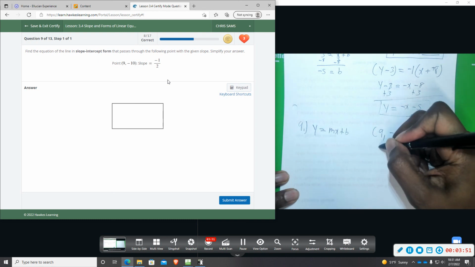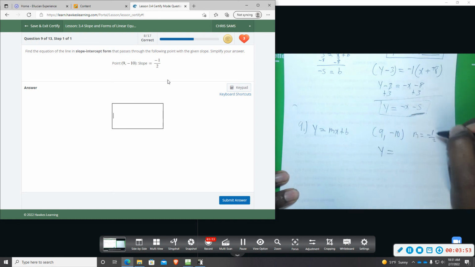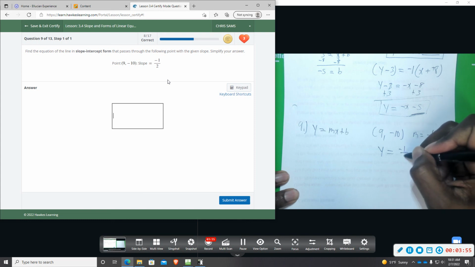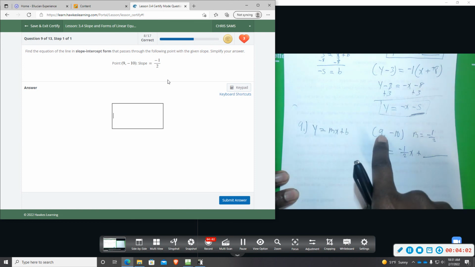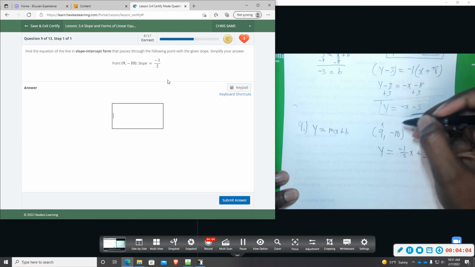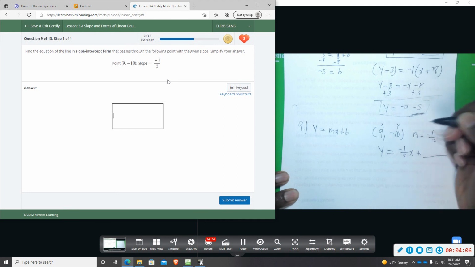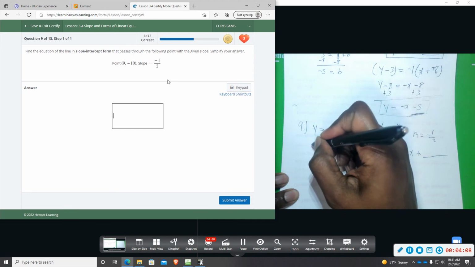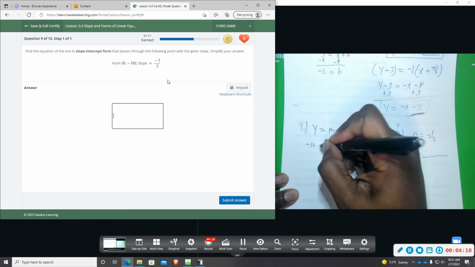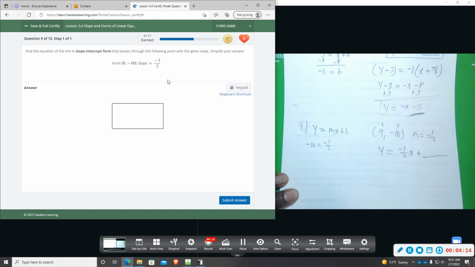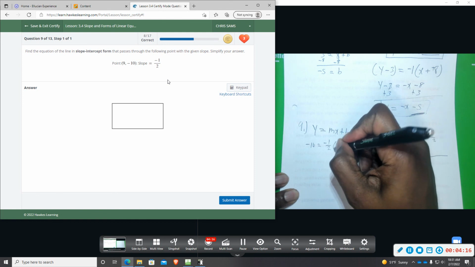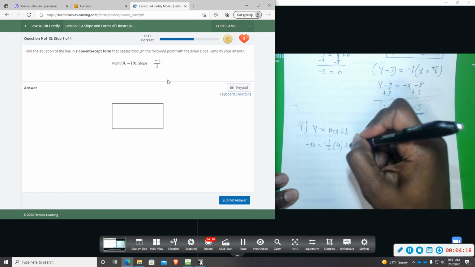Okay, so we want it in slope-intercept form. y equals -1/2 x plus b. That's what we got to solve for when we do it like this. x is 9, y is -10. I'm going to plug in a -10 equals -1/2, and then times 9 plus b.